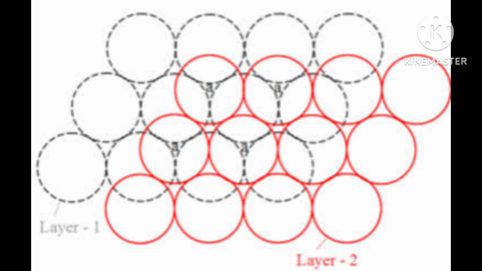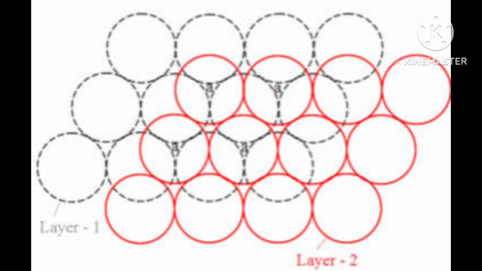Then what will happen? You should put them in such a way that the other three spheres are kept above the first ones. Then there will be a total of 6 spheres, and one gap will obviously be there, because 3 spheres are down and 3 spheres are up.